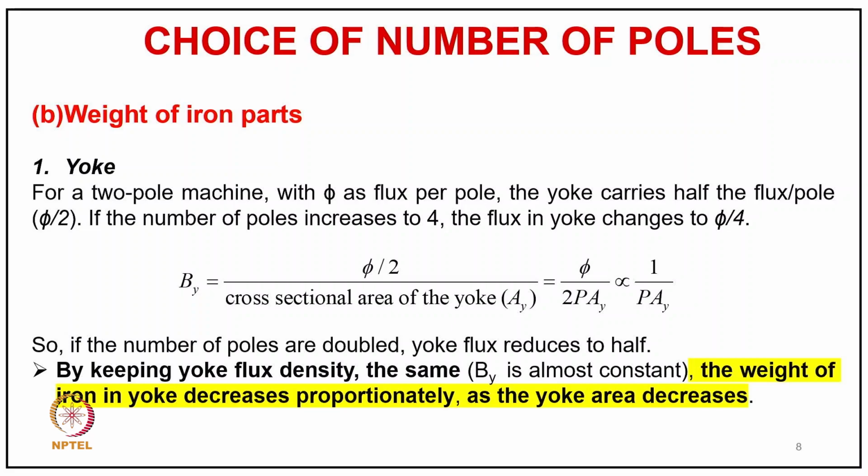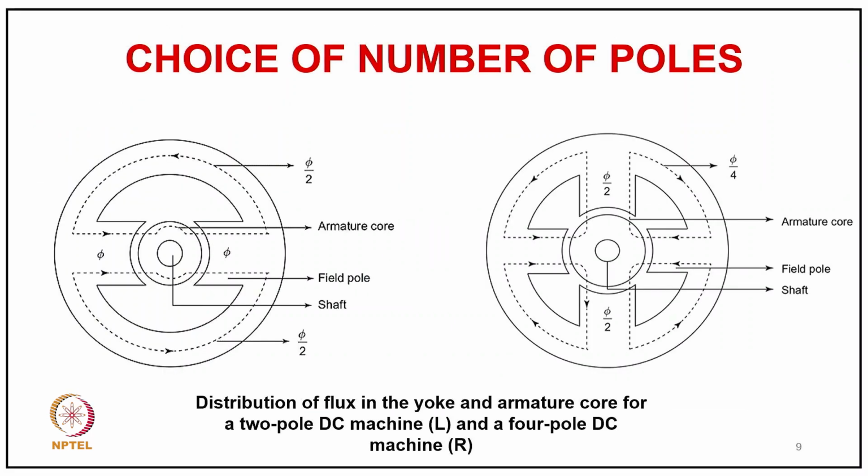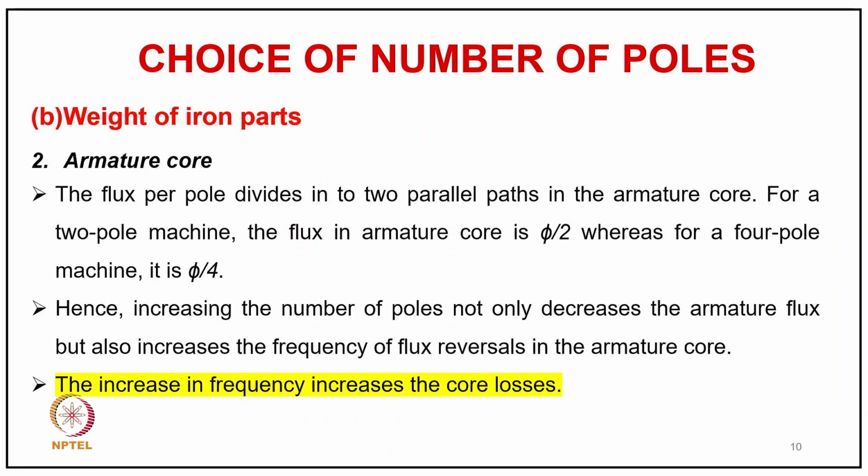So if the number of poles is doubled, the yoke flux reduces to half. By keeping the yoke flux density the same, By is almost constant, and the weight of iron in the yoke decreases proportionally as the yoke area decreases. A typical example is shown here: from 2 pole to 4 pole, the flux in the yoke reduces correspondingly.